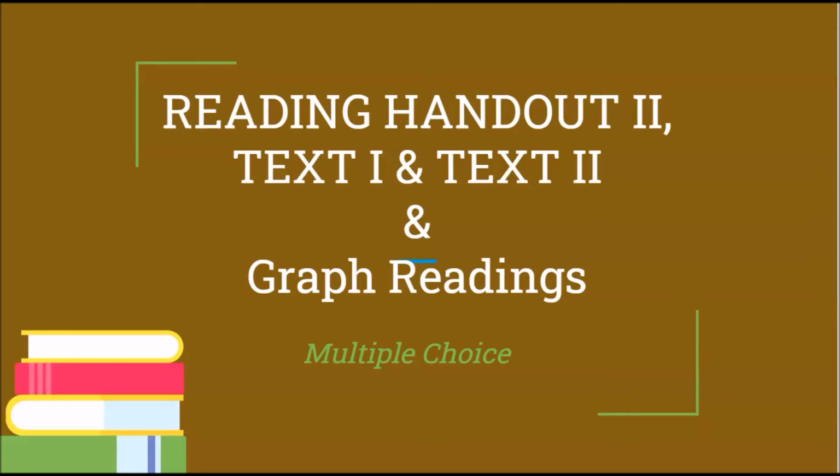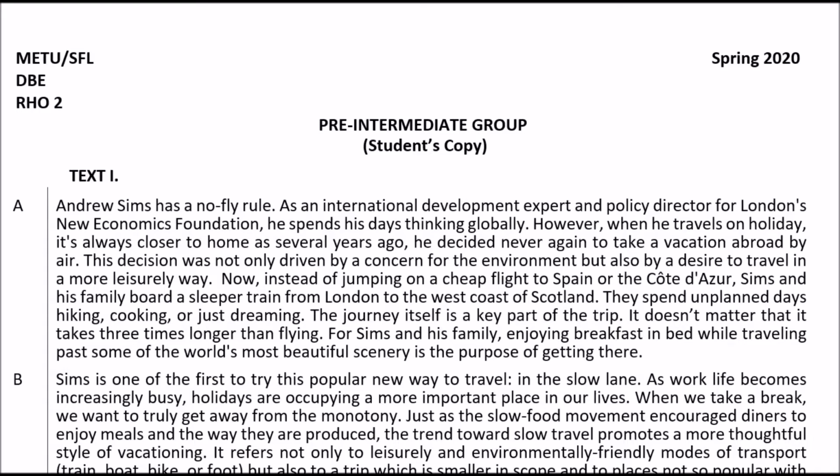In this class we're going to do reading handout 2 with reading text 1, reading text 2 and the graph readings in it. Now I'd like to give you a brief look into reading handout 2.